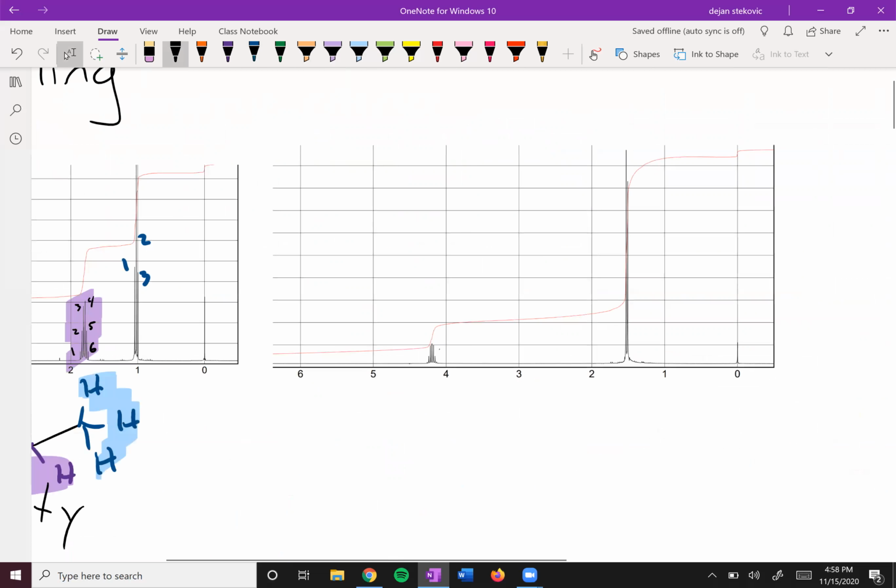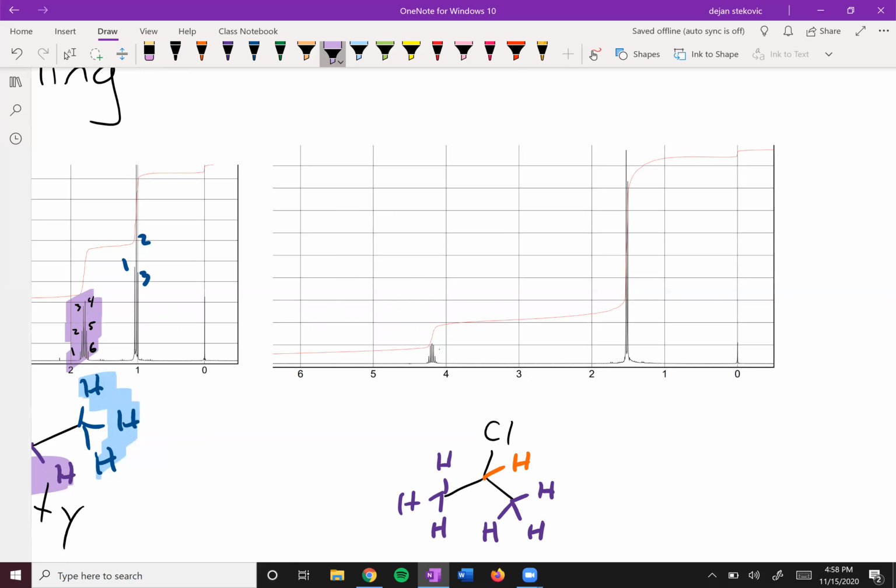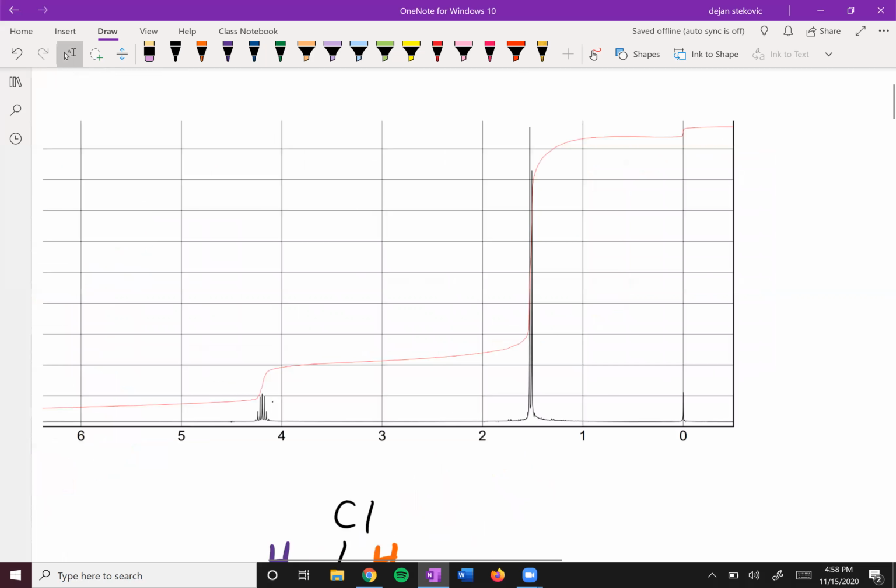And then over here, we said that this was 2-chloropropane. We have this hydrogen over here, and then the other 6 are equivalent. We first take a look at these 6 equivalent hydrogens. They have 1 differing neighbor, and so n+1 says it should be a doublet.